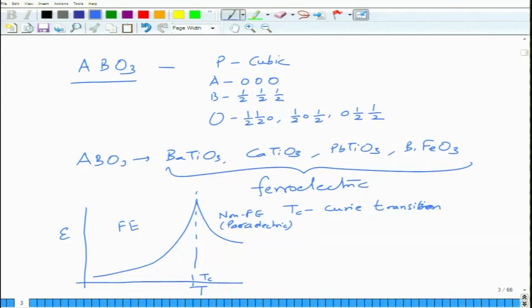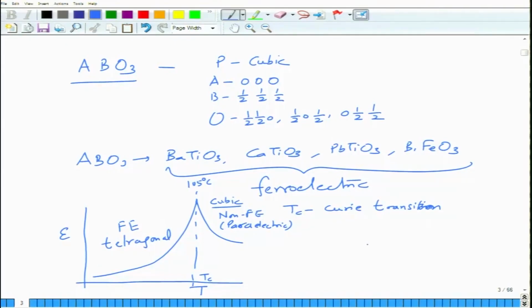For example, in case of barium titanate, at about 105 degrees centigrade or so, I can't exactly remember, it is between 105 and 120, above this Curie temperature its structure is cubic. So, what we followed is perfectly replicated there, but below Tc the material has a tetragonal structure.